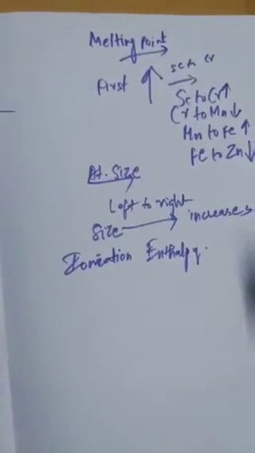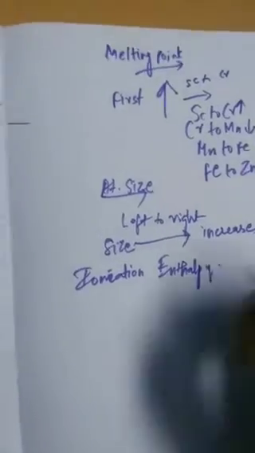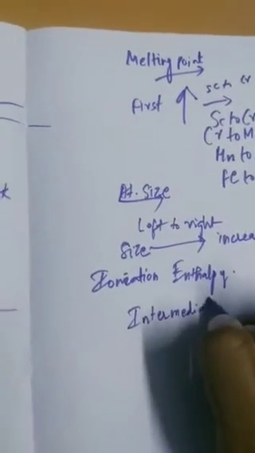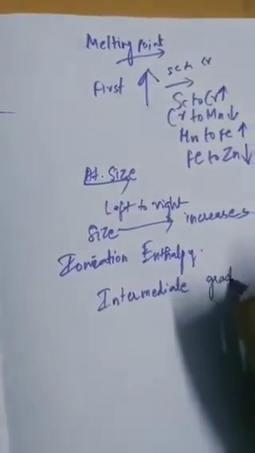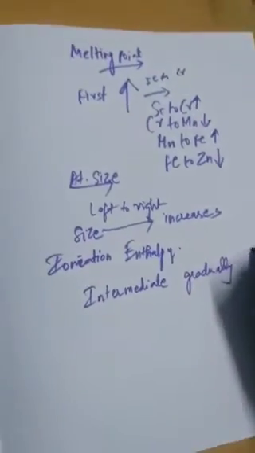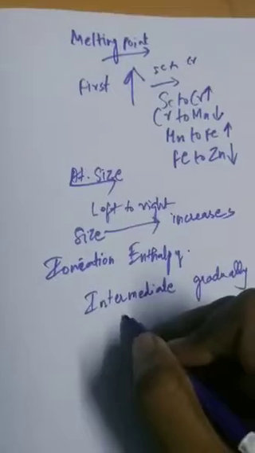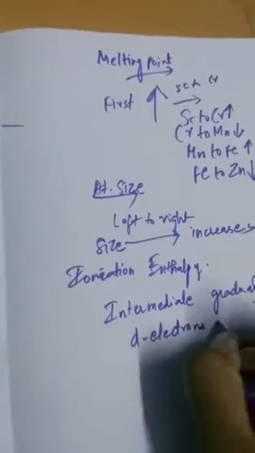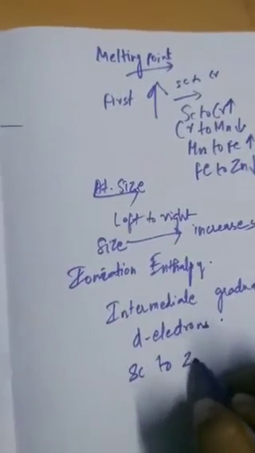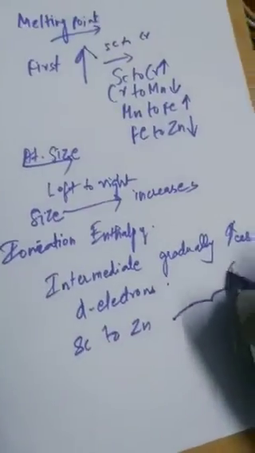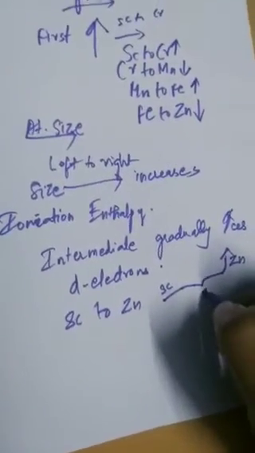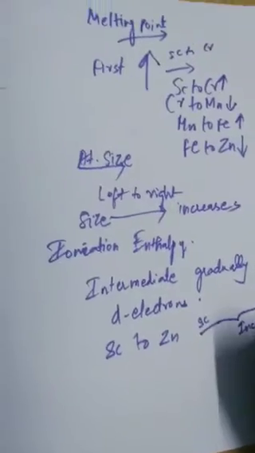Now if we take ionization enthalpy, it will gradually increase, filling d electrons. That is, from scandium to zinc, it will increase one by one. So this is how it gradually increases for ionization enthalpy.